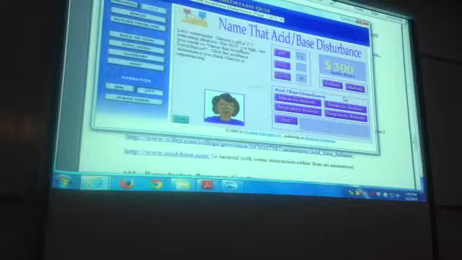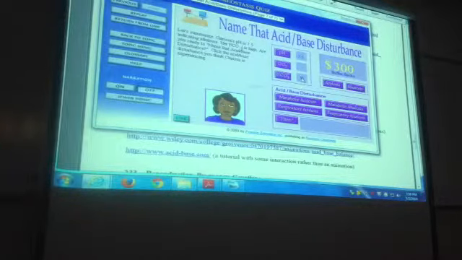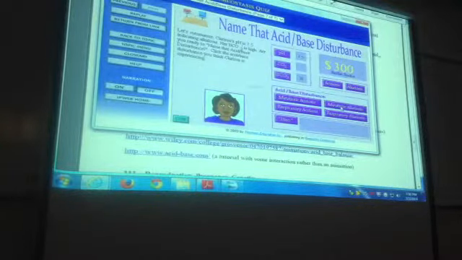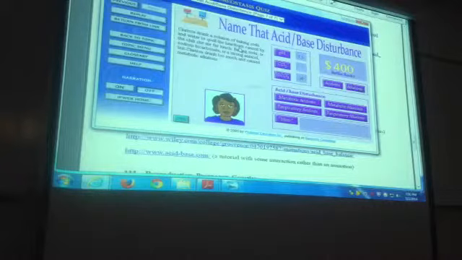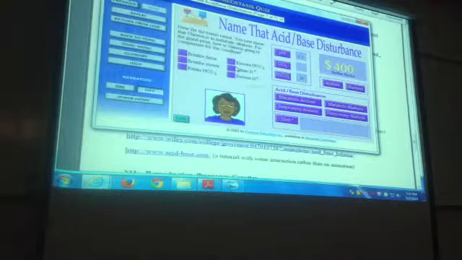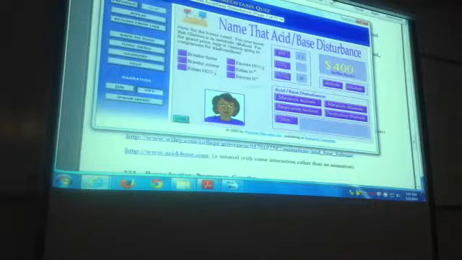Which one is it? Future nurses? Metabolic alkalosis. Right? Higher pH than normal, metabolic side is off. She drank baking soda. So she ate something basic. Right? So now, she's going to fix this problem before she dies.